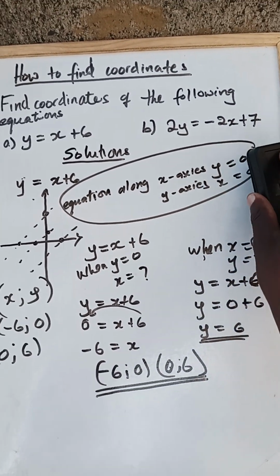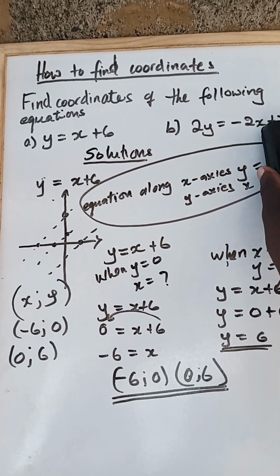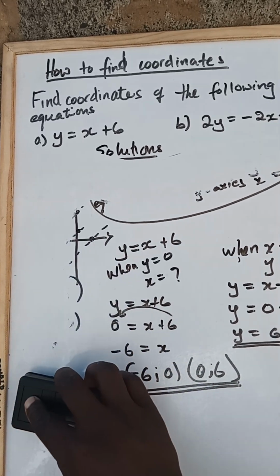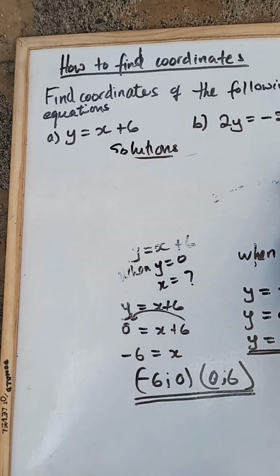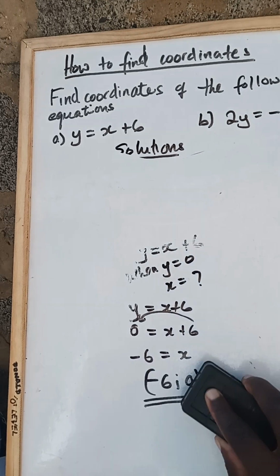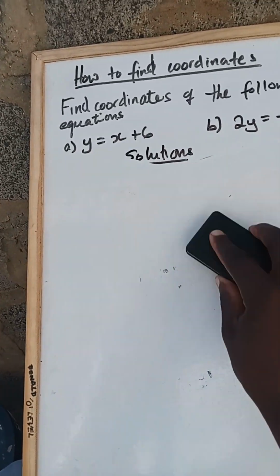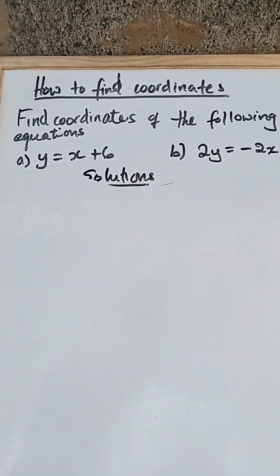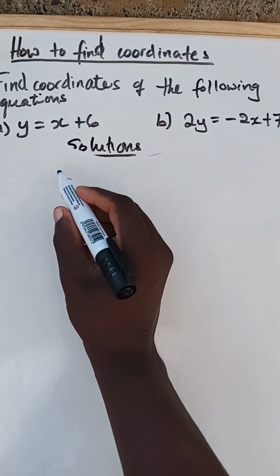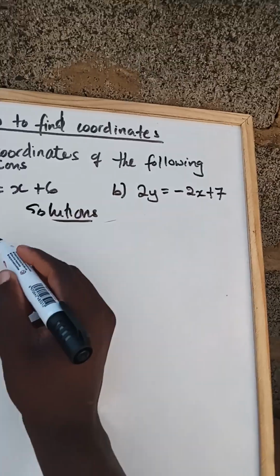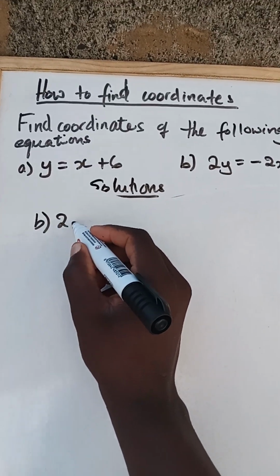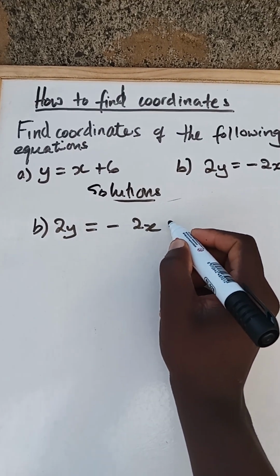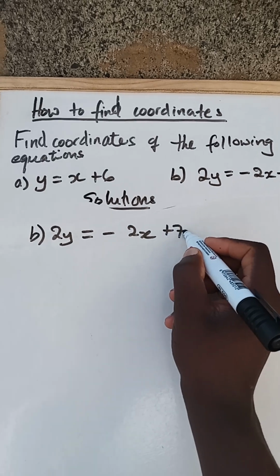So I'm erasing almost everything here. I'm erasing all these answers so that I can do the second solution. Very interesting. And B is saying 2y is equal to minus 2x plus 7.